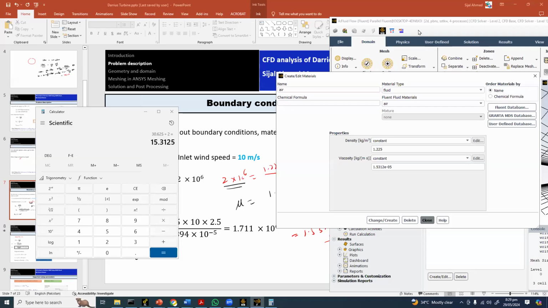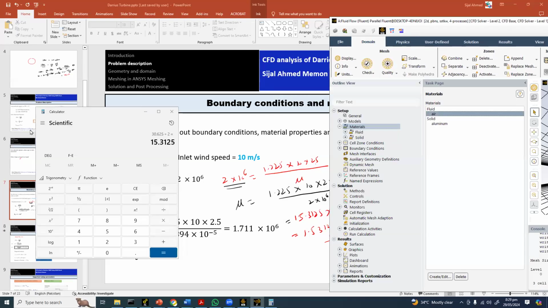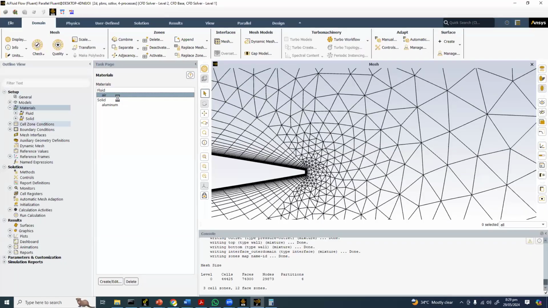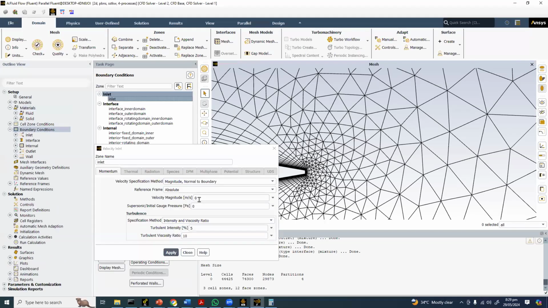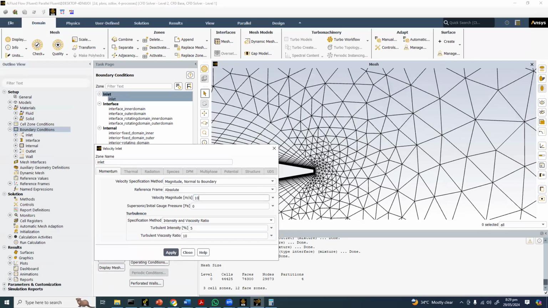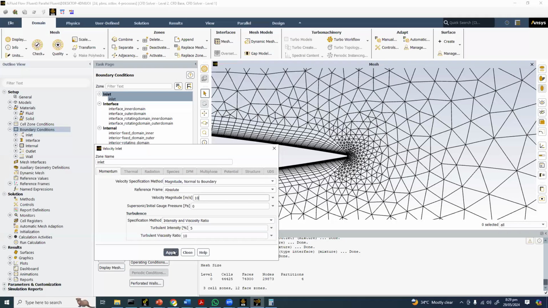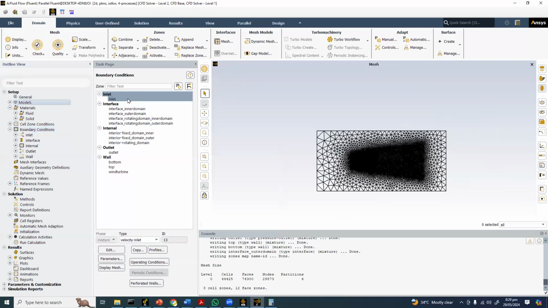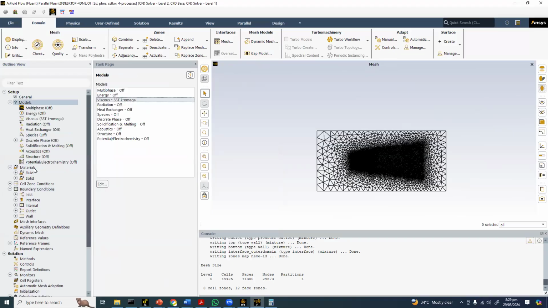Click on change, create, and close. Then in the boundary condition, at the inlet I'm going to put the velocity as 10 meters per second, normal to the boundary, which is specified over here. Apply and close. In the models, I will keep the SST model by default.